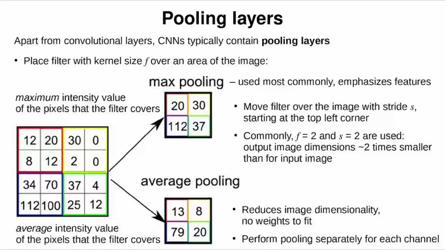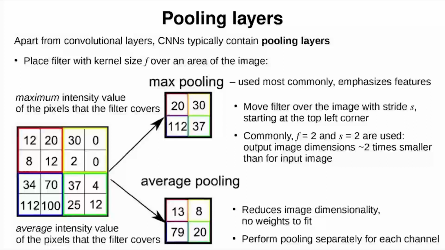For max pooling, the maximum intensity value among the pixels of the underlying image that the filter covers is the result of the pooling. For average pooling, the average intensity value over all the pixels that the filter covers is the result of the pooling.